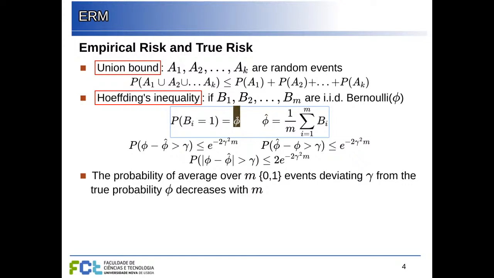And this is intuitive. If we have more data, we can have a better estimate of the true error. But this Hoeffding's inequality sets this boundary in a more rigorous manner by telling us that the probability that the deviation is larger than some factor is this expression, and it decreases with the size of the data set that we have.